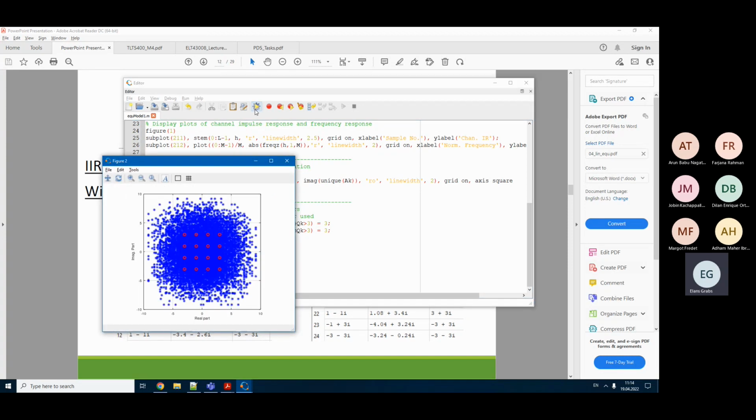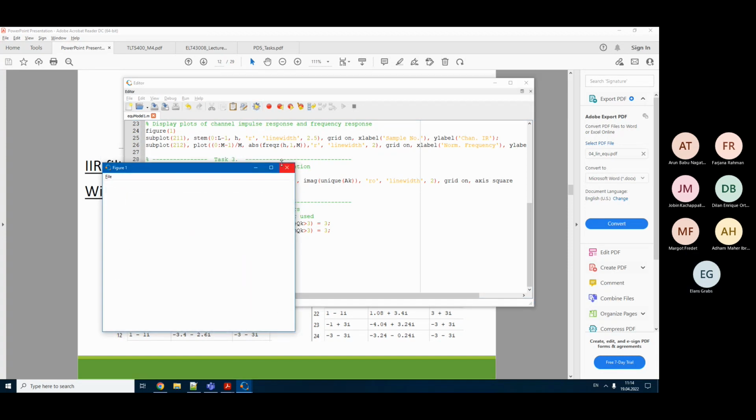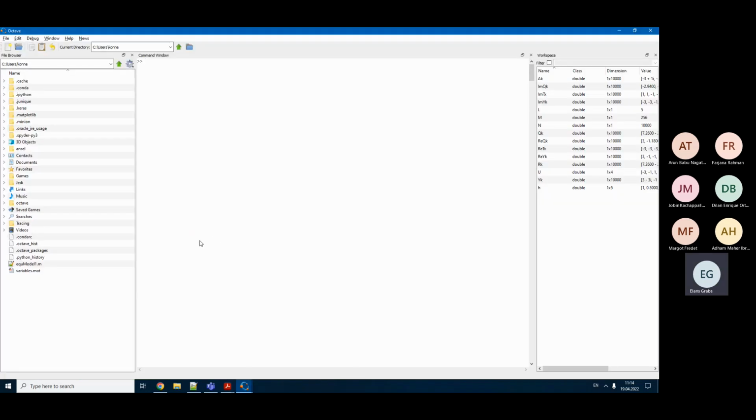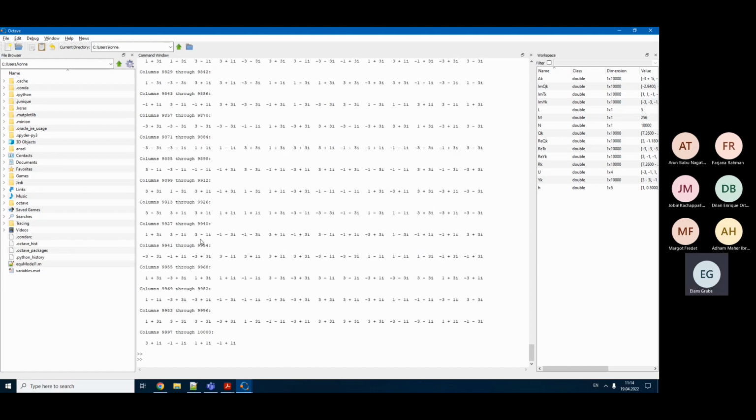So now I have specified this, and YK, it's in a row. I want it to be as a column, and I want the first 100 values. So that is our received data and our original data.